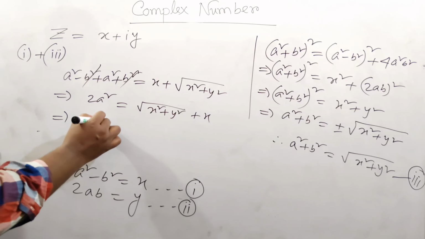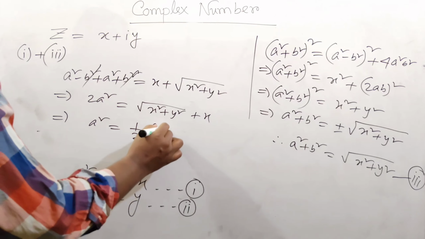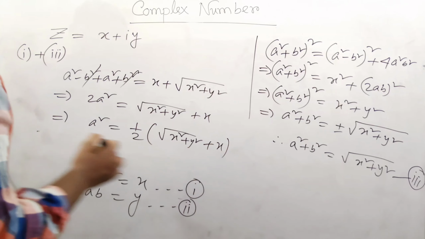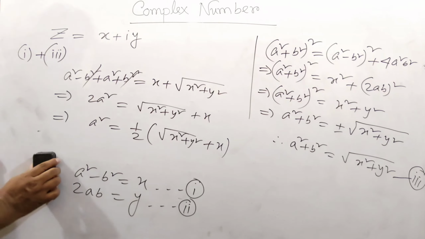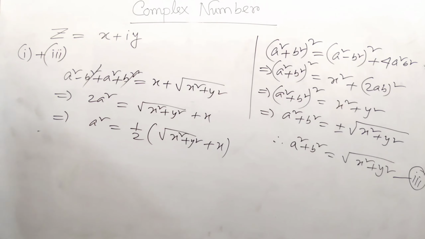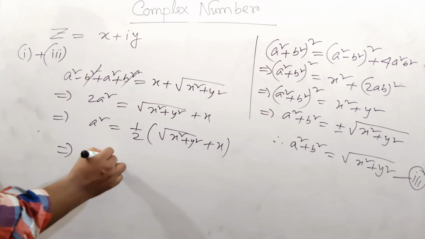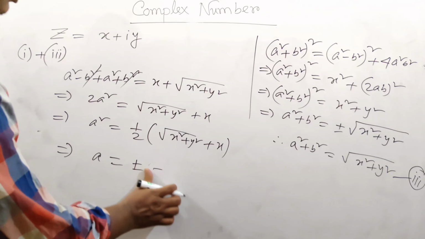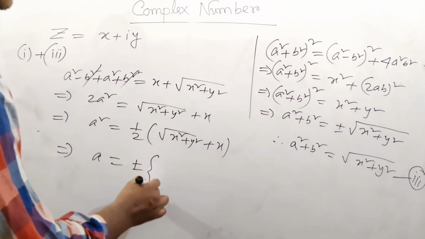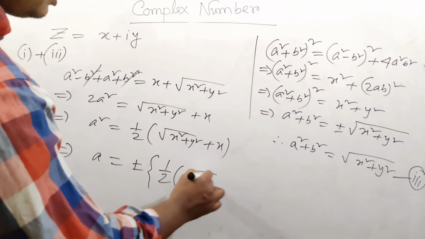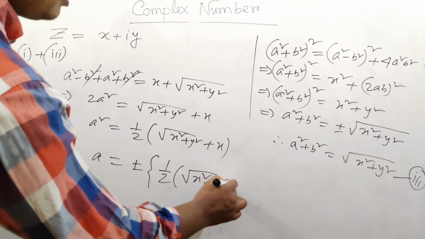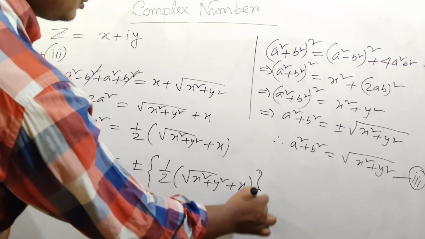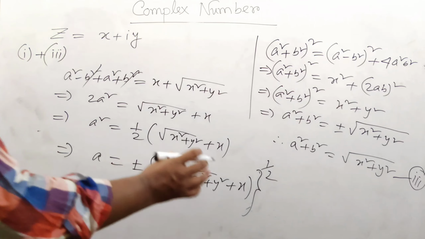So a square equals half of root over x square plus y square plus x. Now a equals plus minus square root of half of root over x square plus y square plus x. So this is the value of a.